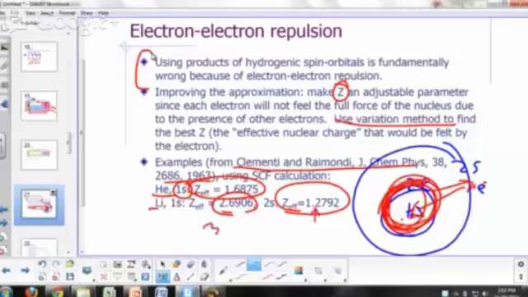What's 3 minus 1.27? 3 minus 1.3 is 1.7. So the shielding is not equivalent to a full shielding of 2 electrons. The 2 electrons effectively shield only by 1.7 instead of by 2.